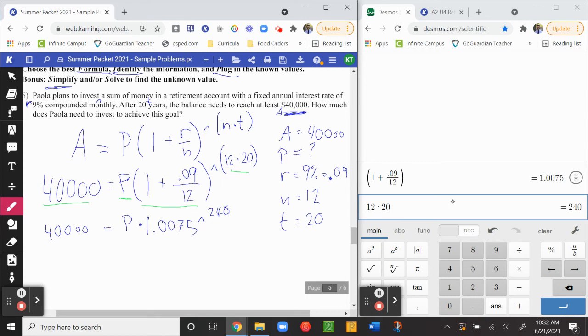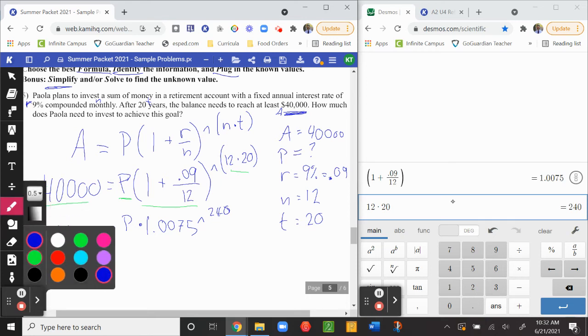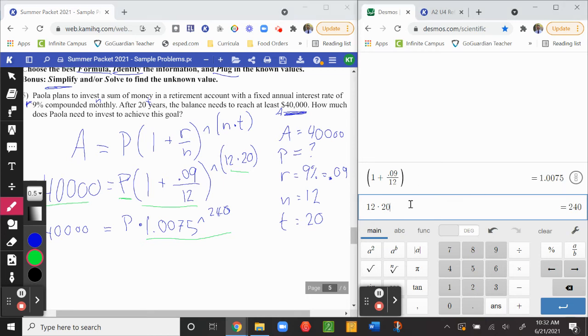But I do now have 1.0075 to the 240. And oh look, that's another group that I could simplify. All of this can be simplified, and the P is still going to be attached to it, but it's going to be simpler. So 1.0075 raised to the 240. Oof, look at that decimal.